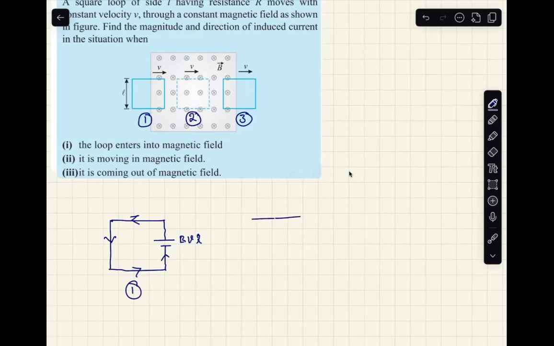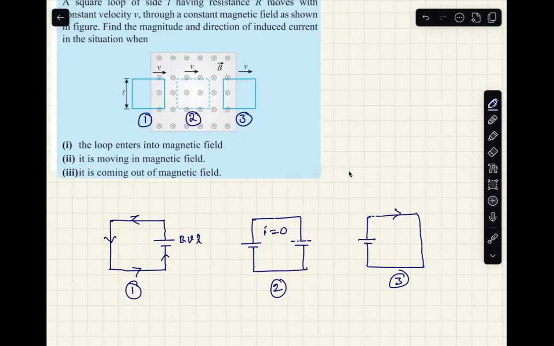Position 2. Current is 0. Why is current 0? There is no change of flux. Individually, left and right arms contribute, but the net is 0. That is position 3.